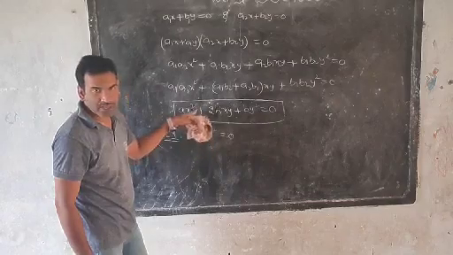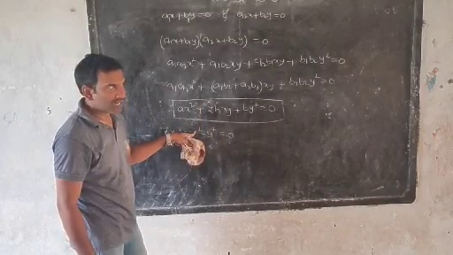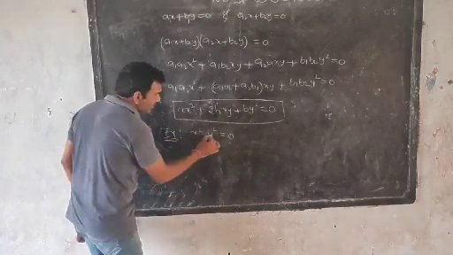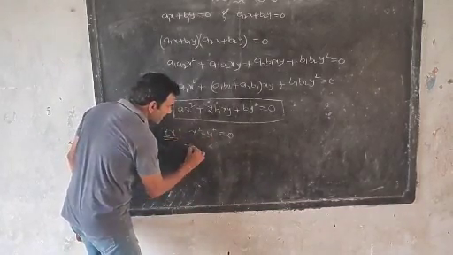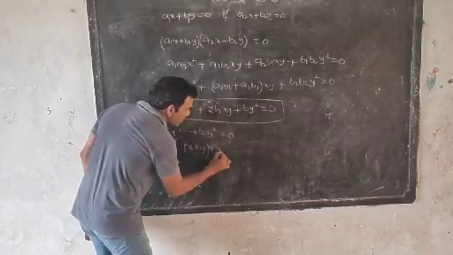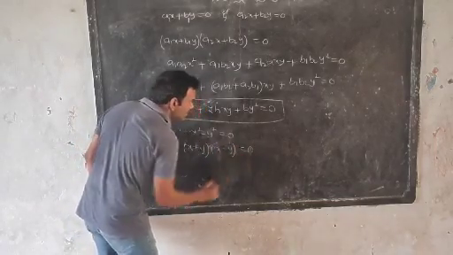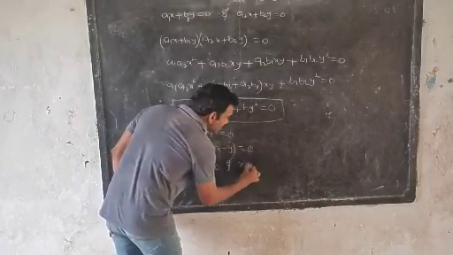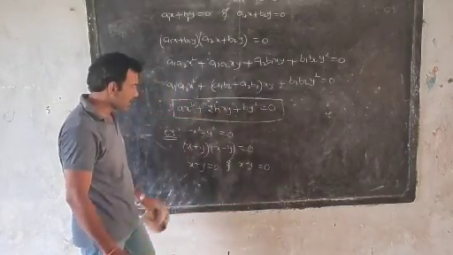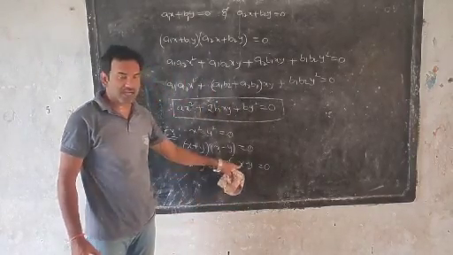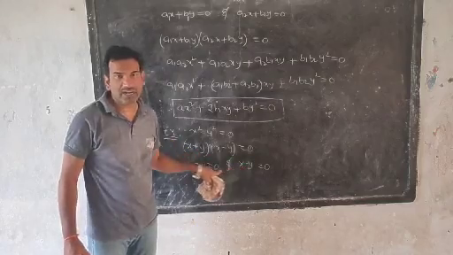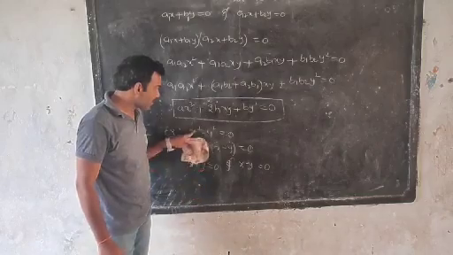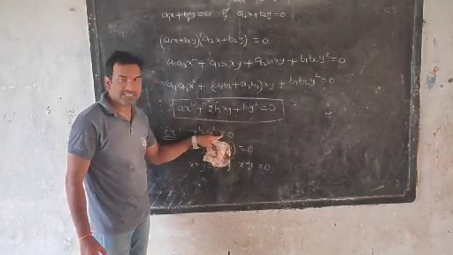It is also a product of two straight lines which are passing through the origin. x square minus y square, I can split as (x plus y) into (x minus y) equal to 0. So x plus y equal to 0 and x minus y equal to 0. Already we know that these two straight lines are passing through the origin, so the product of these two straight lines is like this.